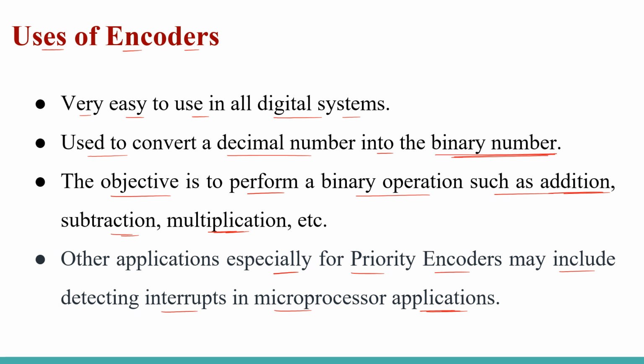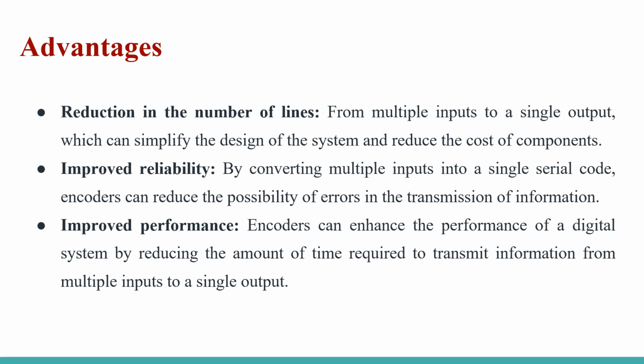About priority encoders, up to now we haven't covered them, so I will make a video on priority encoders later. You can watch that. They have some advantages over normal encoders. So, what are the drawbacks of normal encoders? In coming slides, I will discuss.